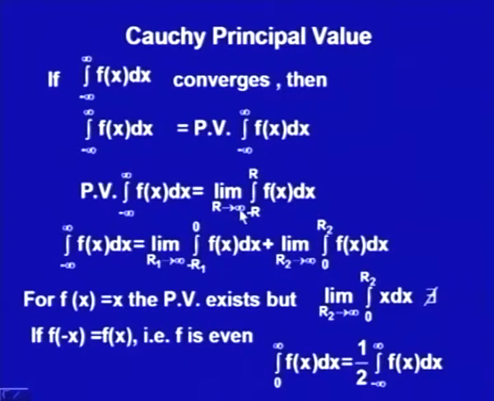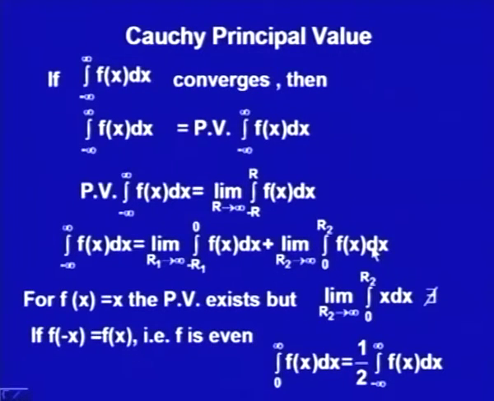And then, as r approaches infinity, the limit of the integral from 0 to r f x dx, which is similar to the second integral, is existing. So, the Cauchy principal value existing for an even function simply says that in this definition of the improper integral from minus infinity to plus infinity, this second limit is existing.